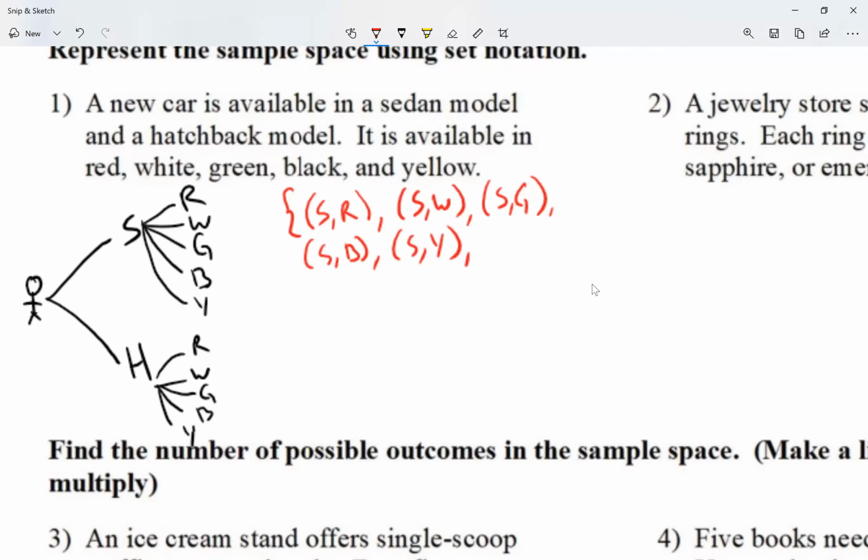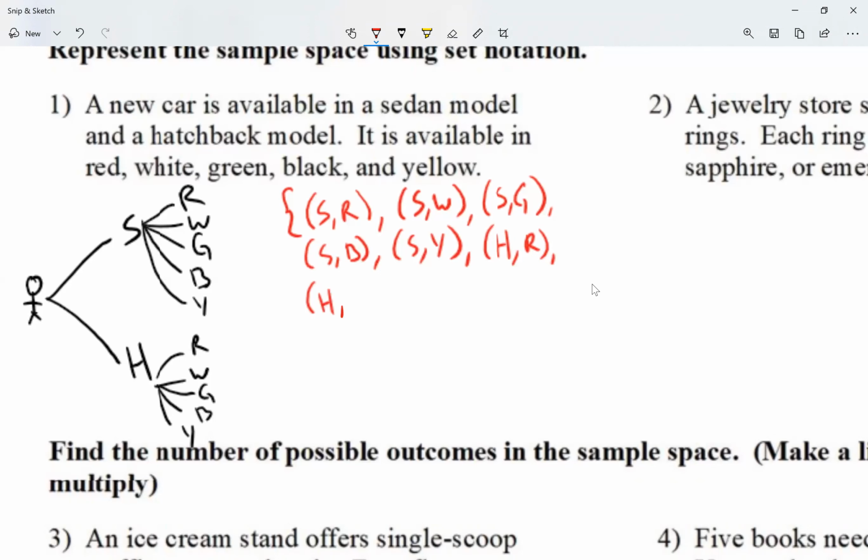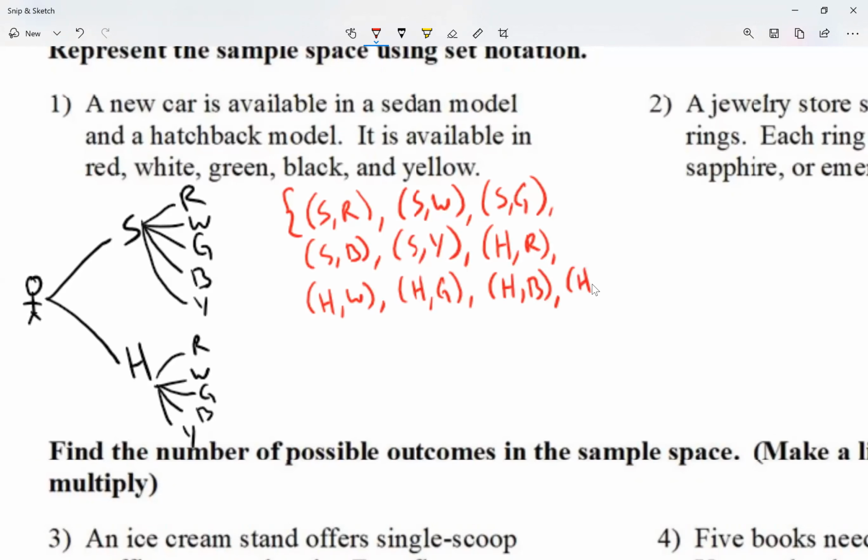I could also have chosen hatchback red, hatchback white, hatchback green, hatchback black, and let me just close it here, hatchback yellow. So those are all my possible choices. Okay, that's not that bad.